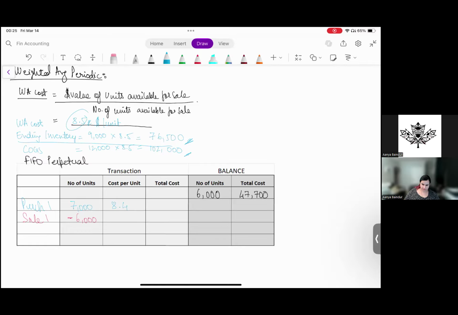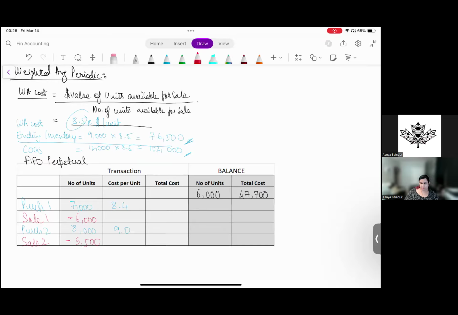Next, we have purchase two, which was for 8,000 units at $9 each. And lastly, we made another sale, sale two, for 5,500 units. So let's just go ahead and fill this table.